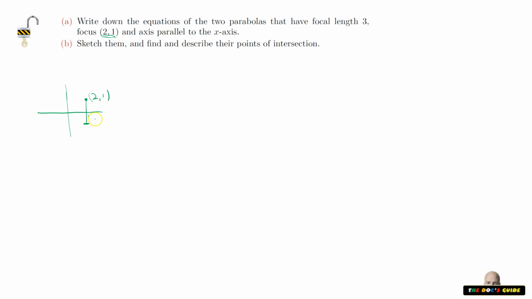So we would go to the point 2, minus 2 as the vertex. So our parabola would look like this. And in that case, what would its formula be? Well, as we saw before, it will now be x minus h, so that's x minus 2 all squared, equals 4a. Now in this case, the focal length is 3, so 4a is 12.